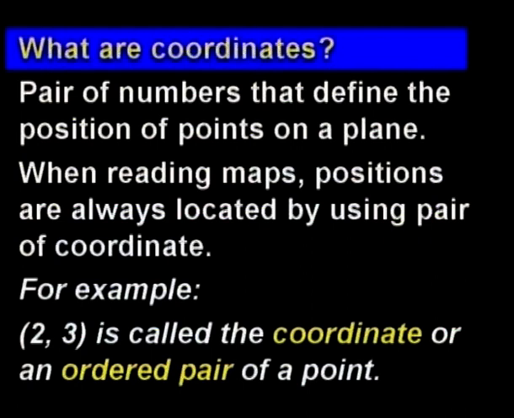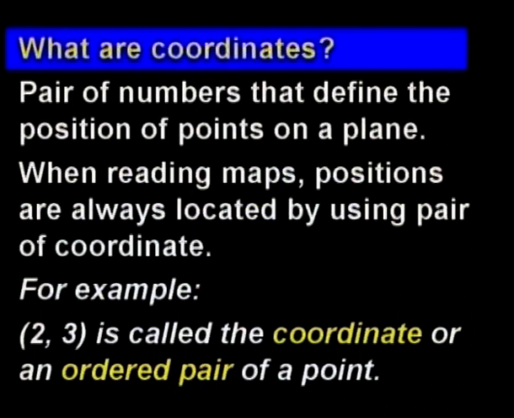Daniel, from what you have written in our last lesson, please read out what coordinates are. Pair of numbers that define the position of points on a plane. When reading maps, positions are always located by using a pair of coordinates. Good, thank you, Daniel, for that answer.